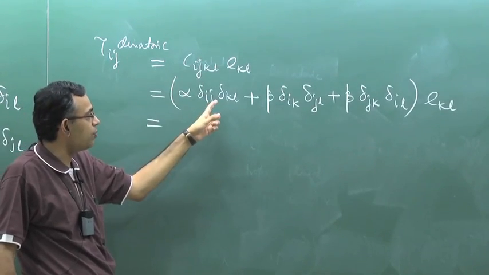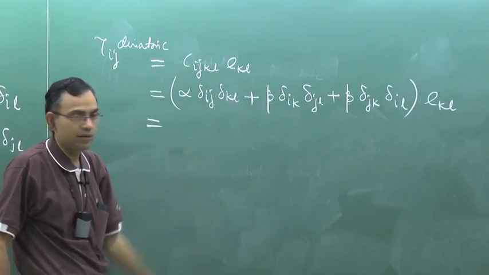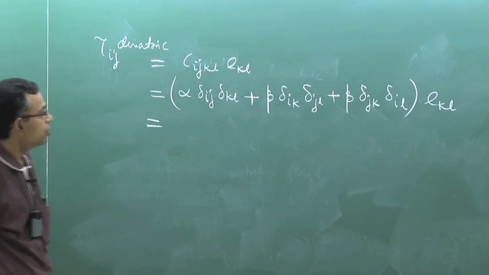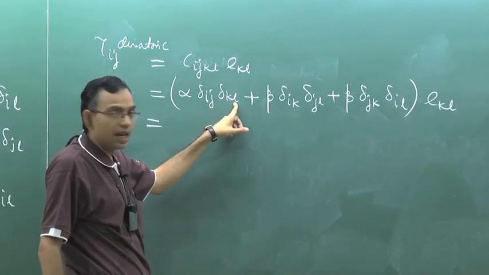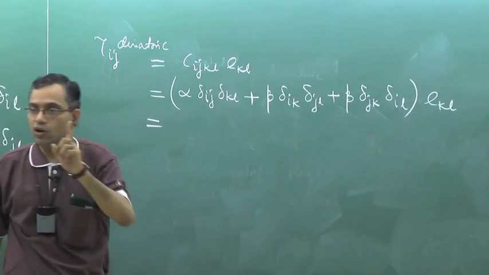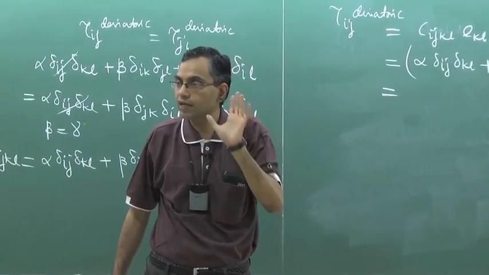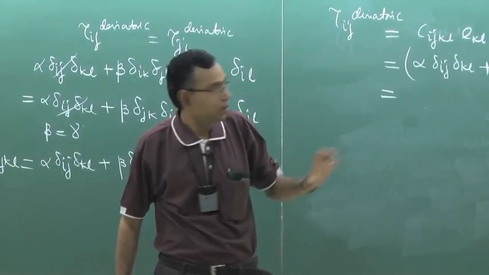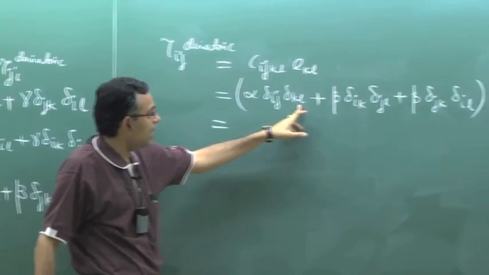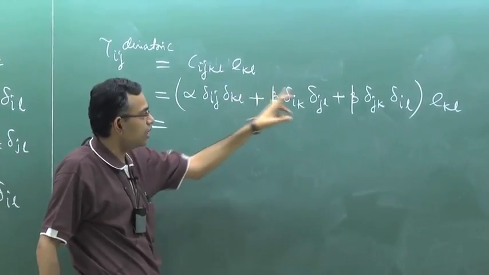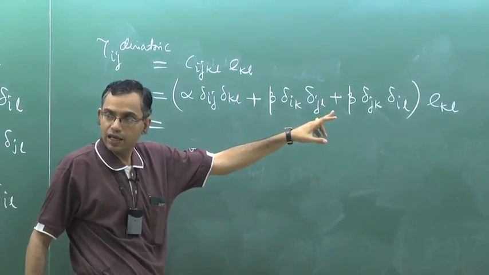Only indices that you play with are k and l. So delta kl is equal to 0 except when l equal to k, that is the definition of delta. So when l equal to k, this will be equal to 1, so E_kl will become E_kk.